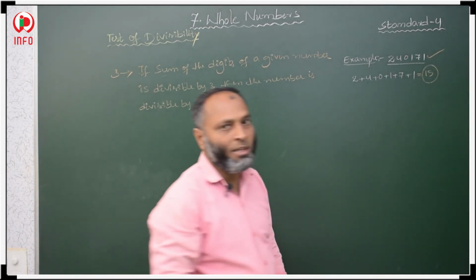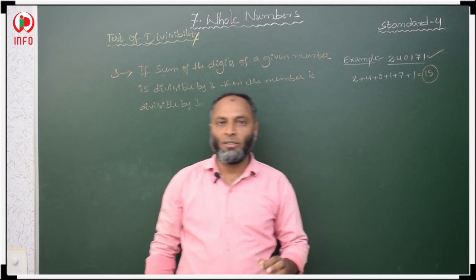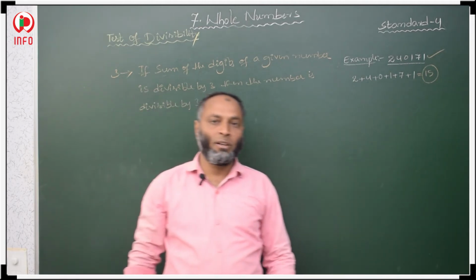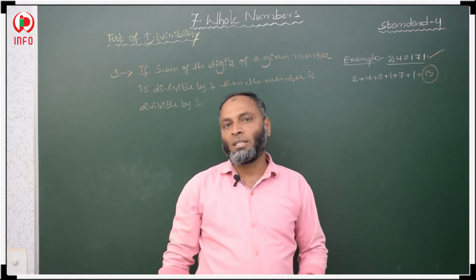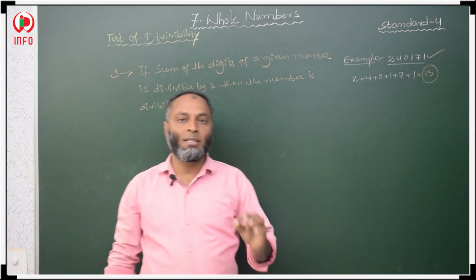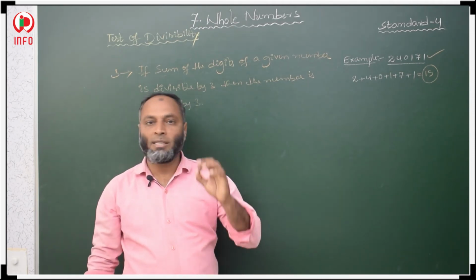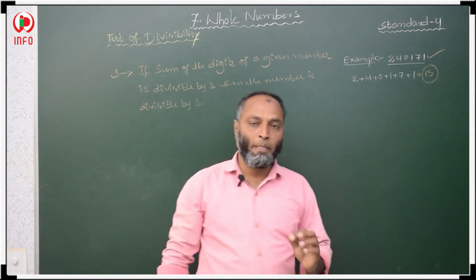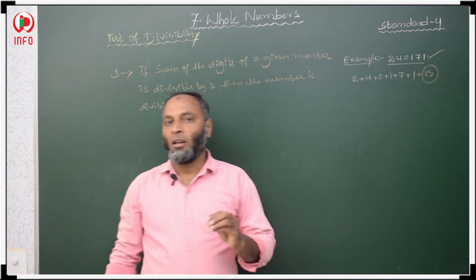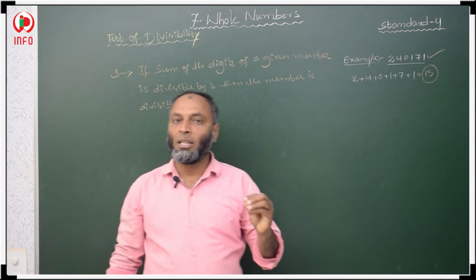In this way we check for 3: find the sum of the digits of a given number, and if that sum is divisible by 3, then the number is divisible by 3. This is the method to check divisibility by 3.